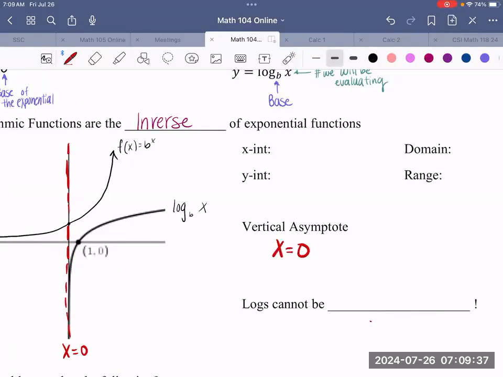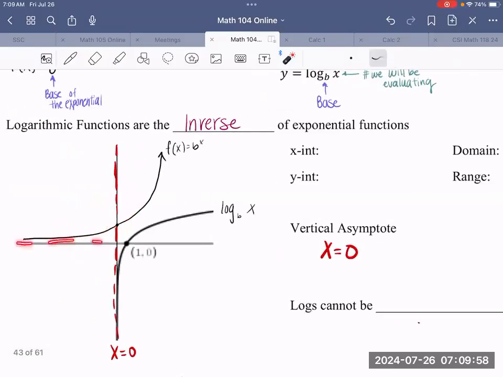Now see if you can spot some other special features of this graph: an x and y intercept, a domain and range, and keep in mind we are just doing the opposite of what we did from your graph before. Your x-intercept, last time in your graph, we did not have an x-intercept because of this asymptote.